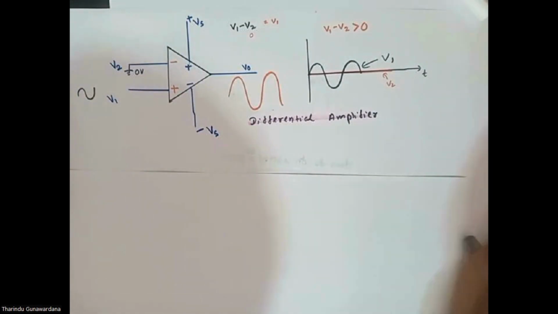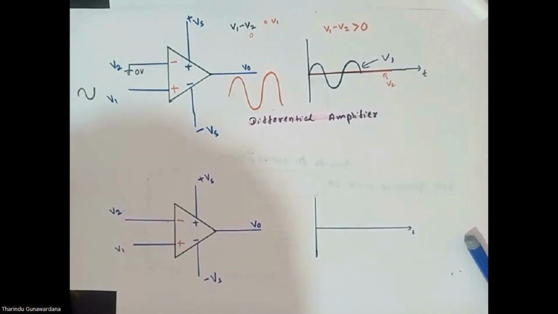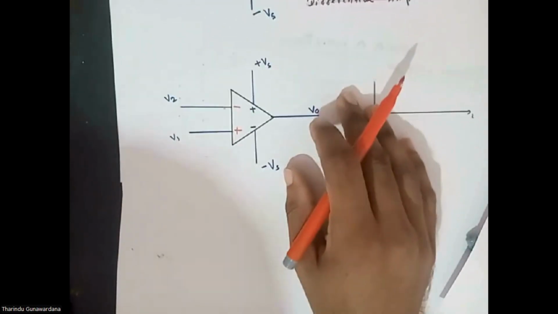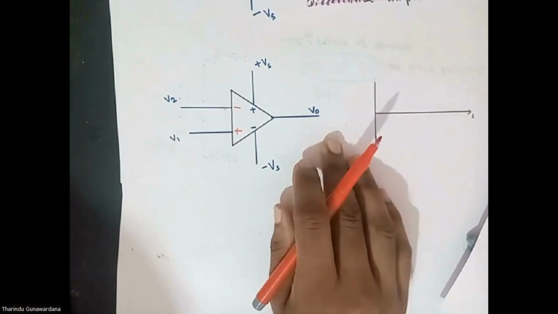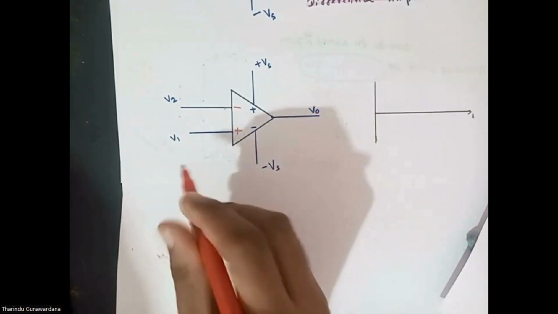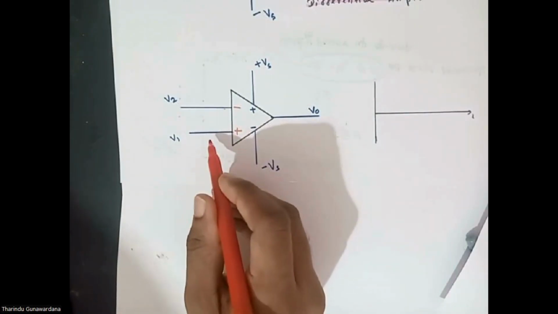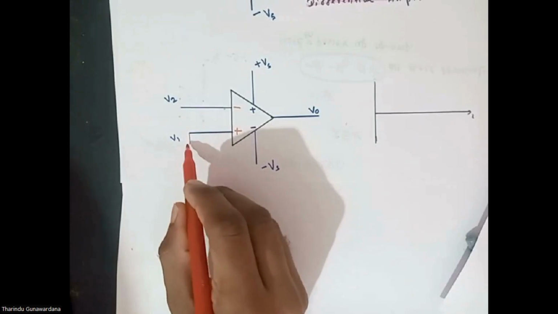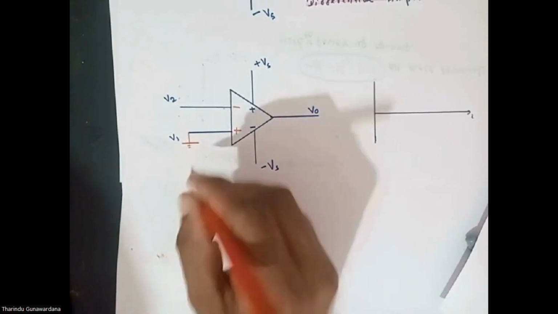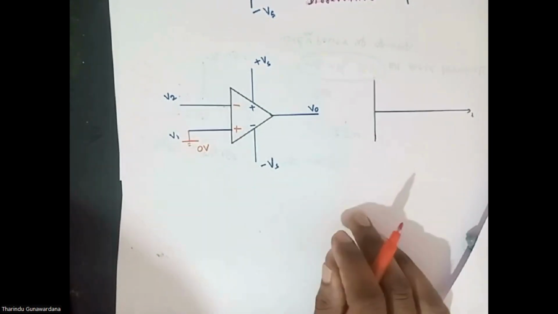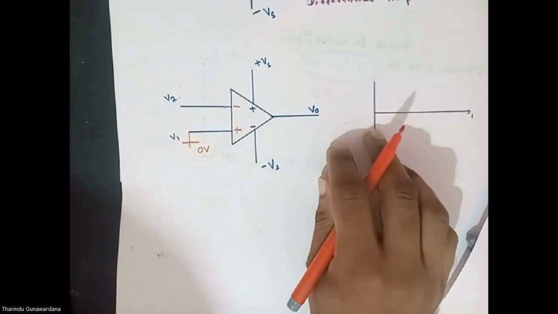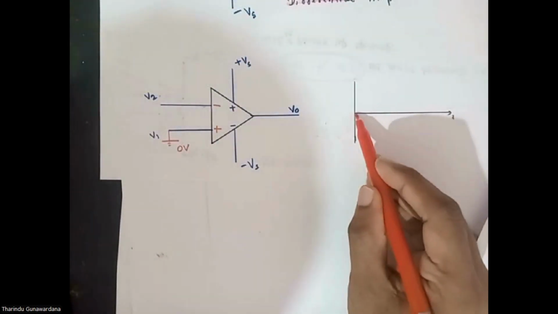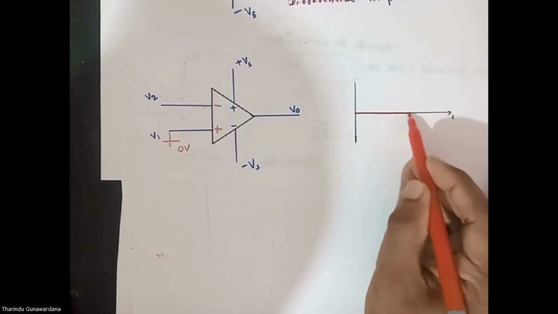Right, now let's consider this op-amp. Again, this is properly powered up. Now the positive input, that means the non-inverting input, is grounded. Therefore, the voltage V1 is 0 volts.